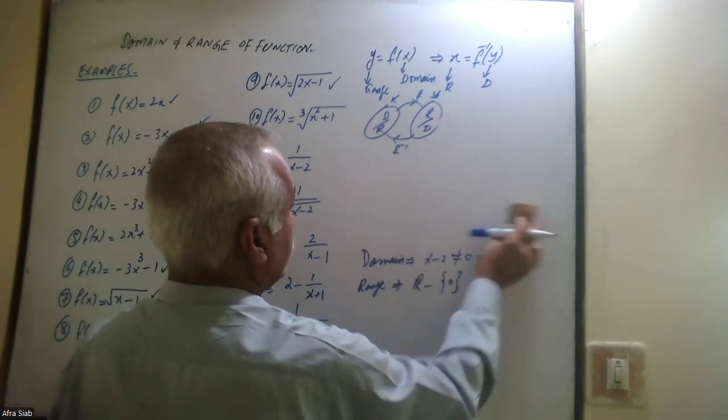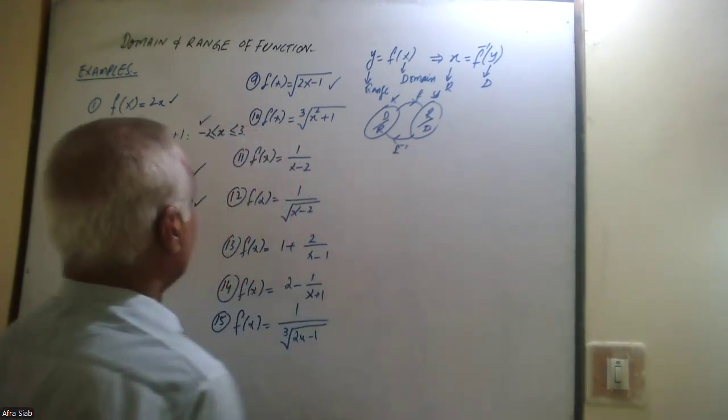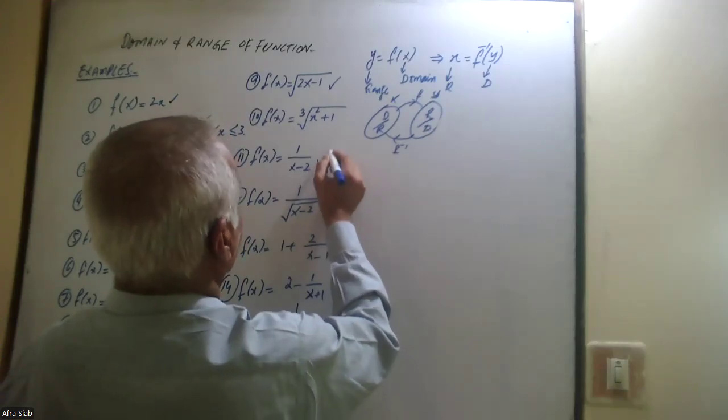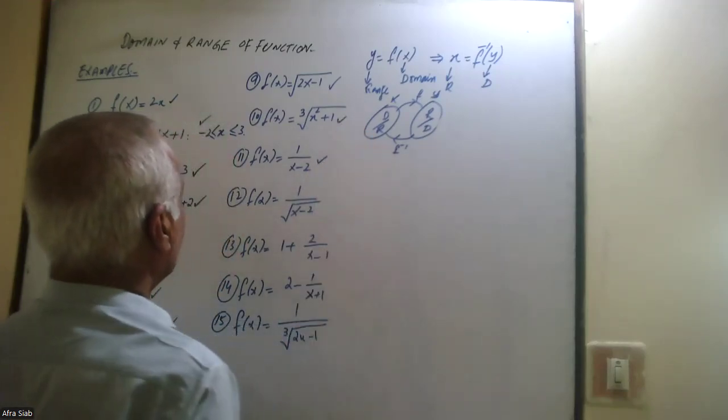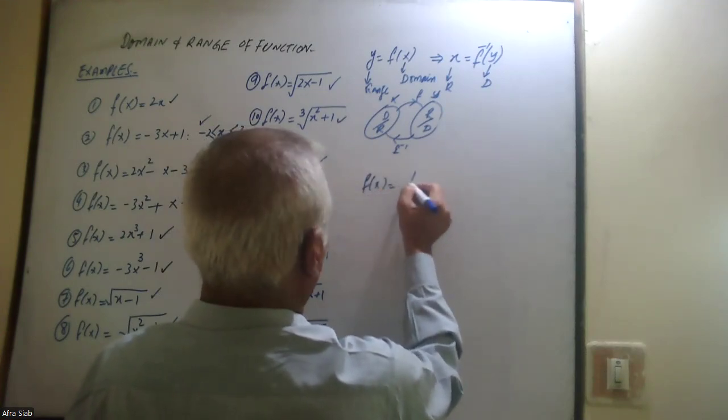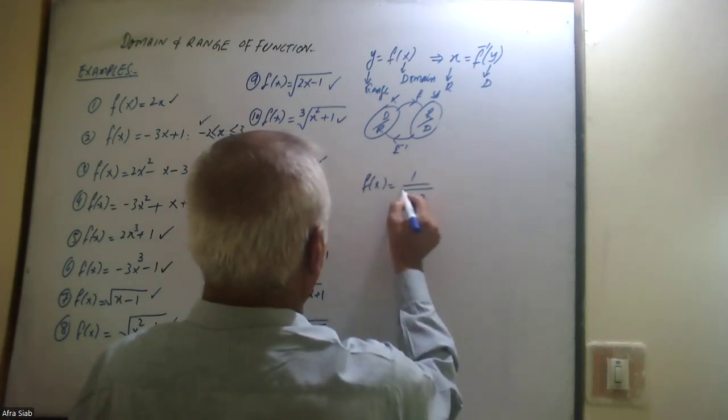Question number 12 now. F of x is equal to 1 over the square root of x minus 2.